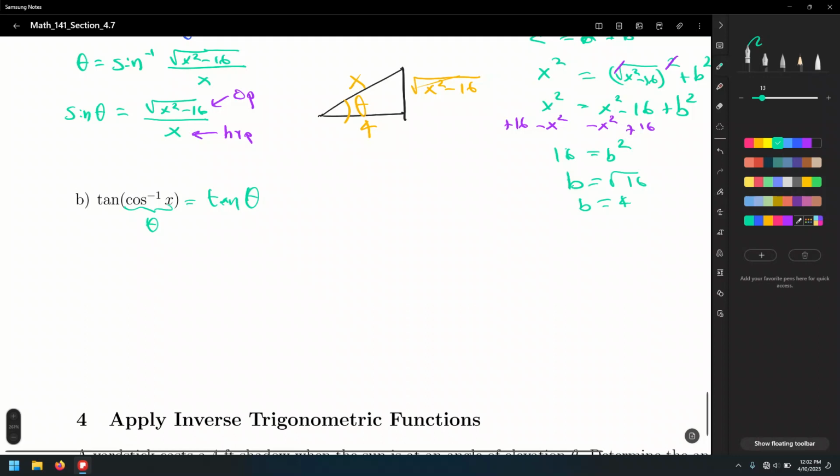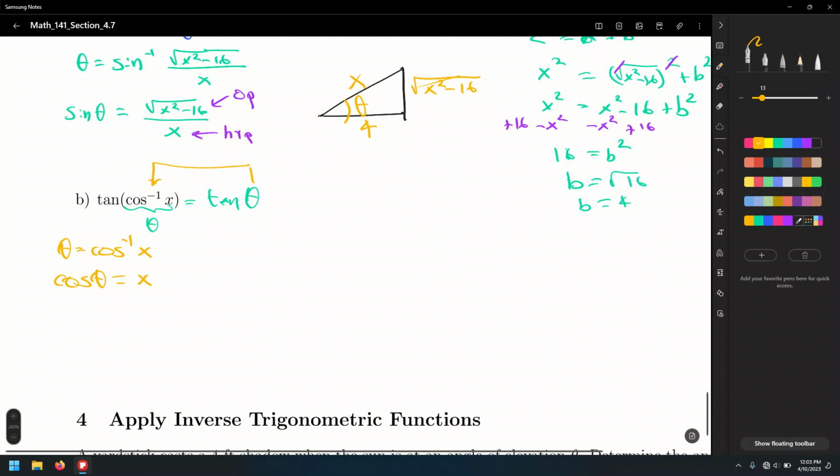From here we can deduce that theta equals cosine inverse of x, and rewriting this in terms of a trigonometric function, no longer an inverse trigonometric function, this is the same as saying cosine theta equals x.